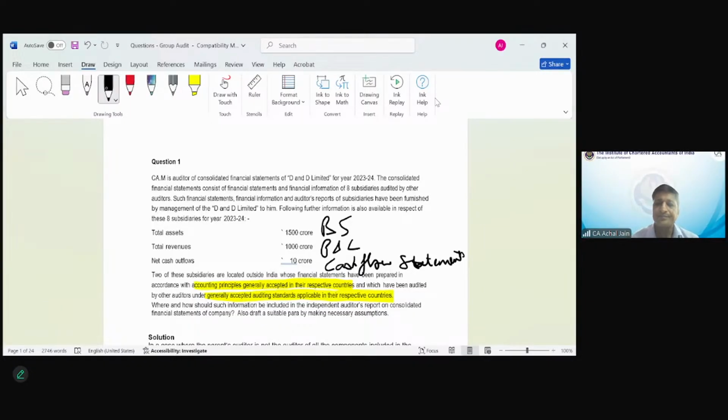Clear? Had there been some modification, a qualified opinion given by the component auditor, how would it have been reflected in this? Okay. So now there are a couple of things. First, if the component auditor, let's suppose, has given a qualification. So the component auditor is auditing the component, correct?